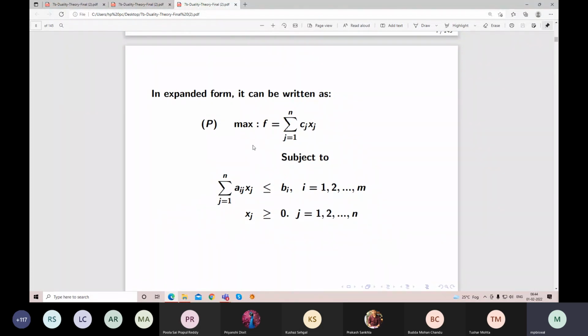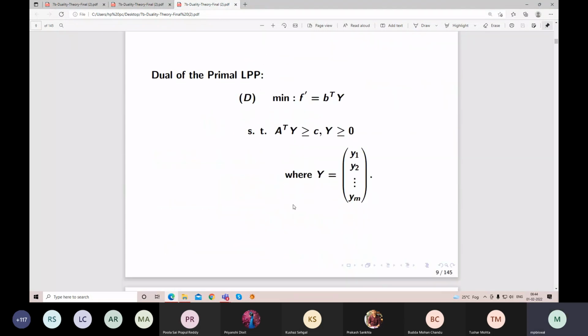This is the matrix format and this is the expanded notation. For the objective function, instead of z I am writing f. Generally f is a function, maybe linear or non-linear, a function of several variables, a function of x. So this is the primal problem in the expanded form. This is the dual problem in the matrix form. Primal is maximization type, dual is minimization type, dual constraints are greater than or equal type, and dual variables are non-negative.